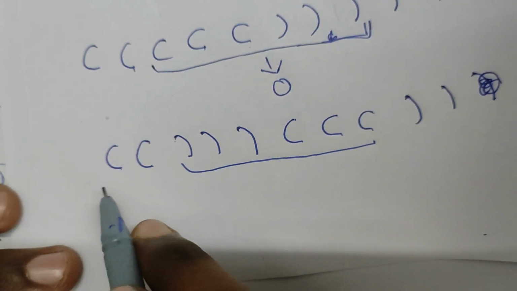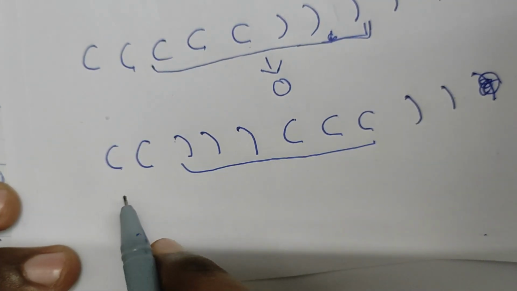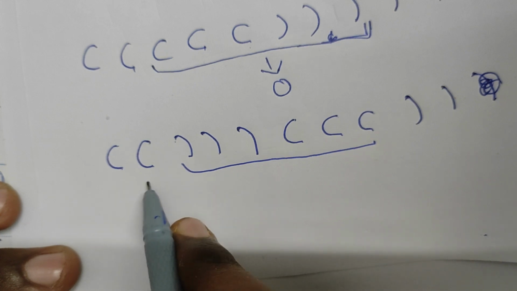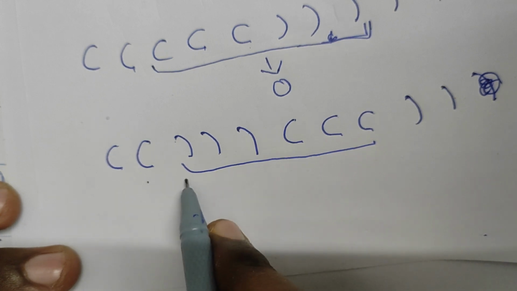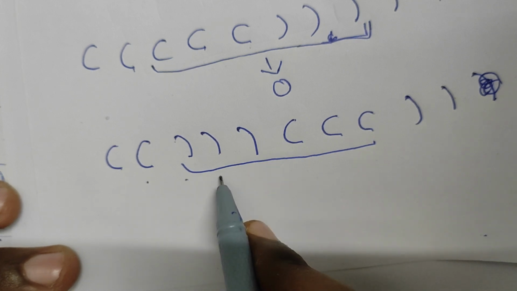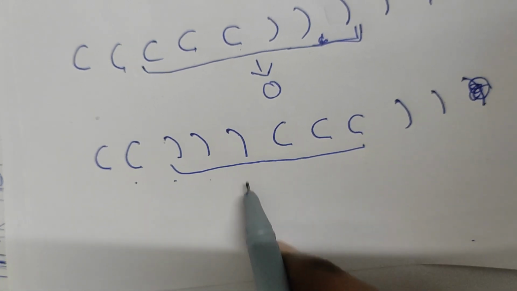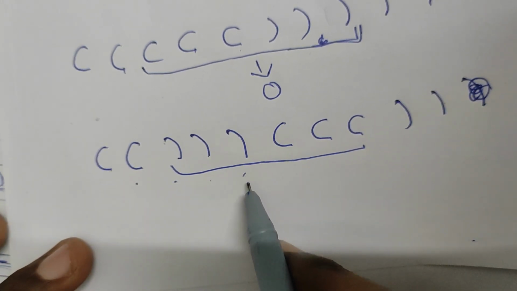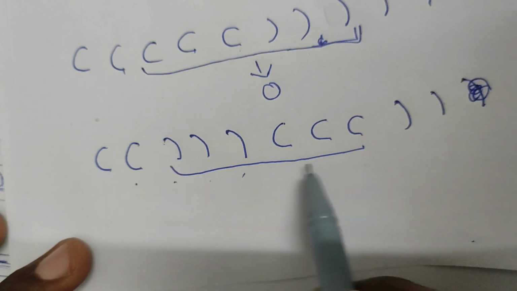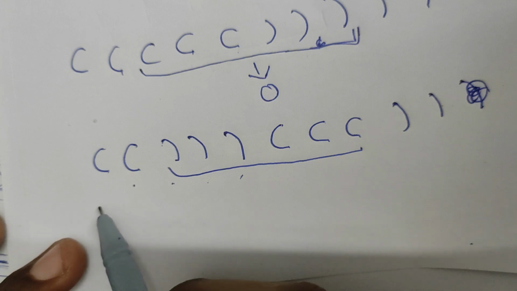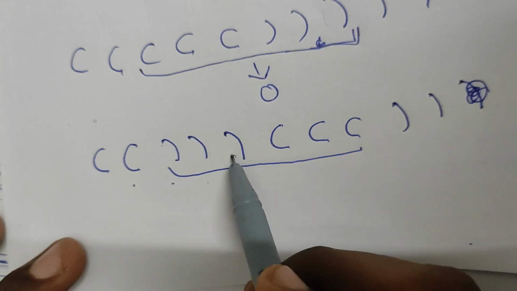Now if you take the sum from the beginning, this is plus 1, plus 1, plus 1, 2, minus 1 is equal to 1, 1 minus 1 is 0, 0 minus 1 is minus 1. So when we reached here, the sum became negative, even though the sum of this particular substring is equal to 0. When we took the prefix sum till here, the sum became negative.